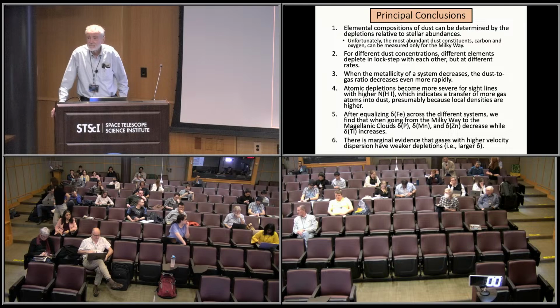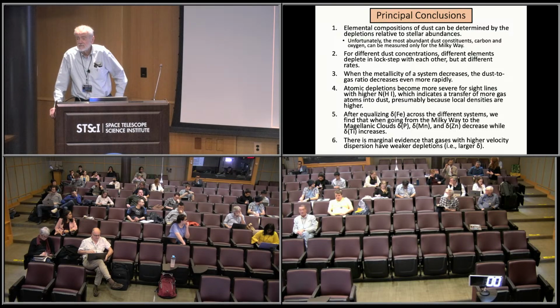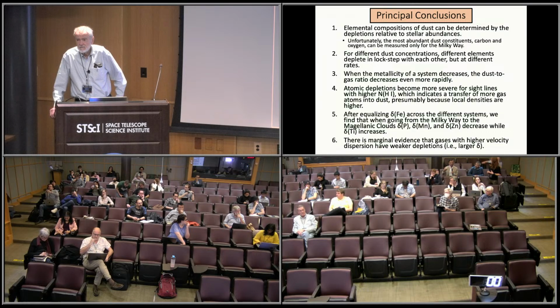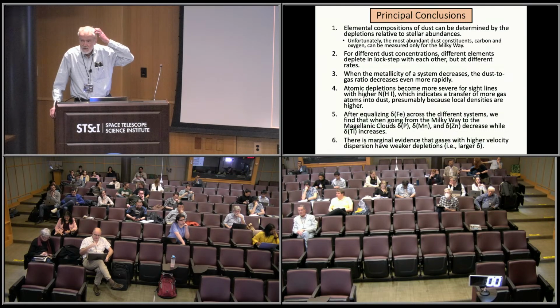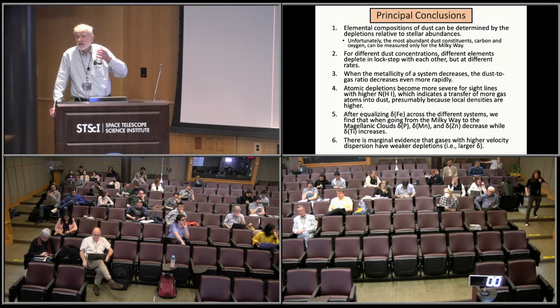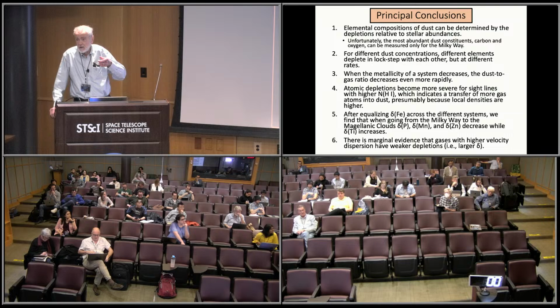I had a question about what's the dependence of the behavior of different element depletions on the original dust properties that are injected into the ISM, or is that all wiped out at some point? Well, I think it does make a difference because in the atmospheres of stars, you are ejecting the smallest dust particles upon which the grains grow as you're in the general interstellar medium.